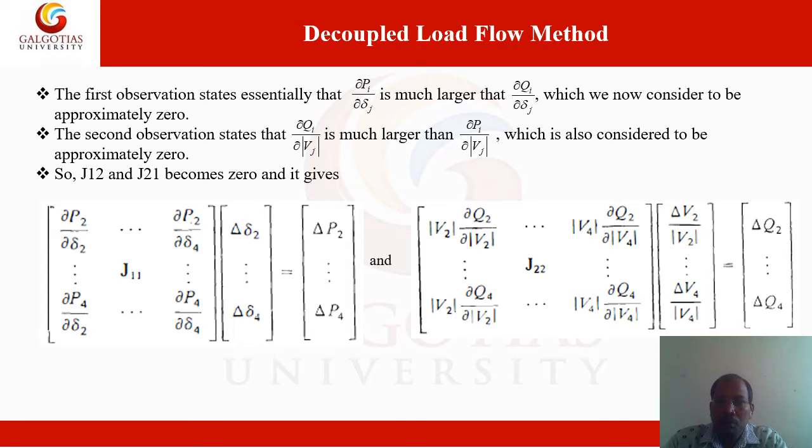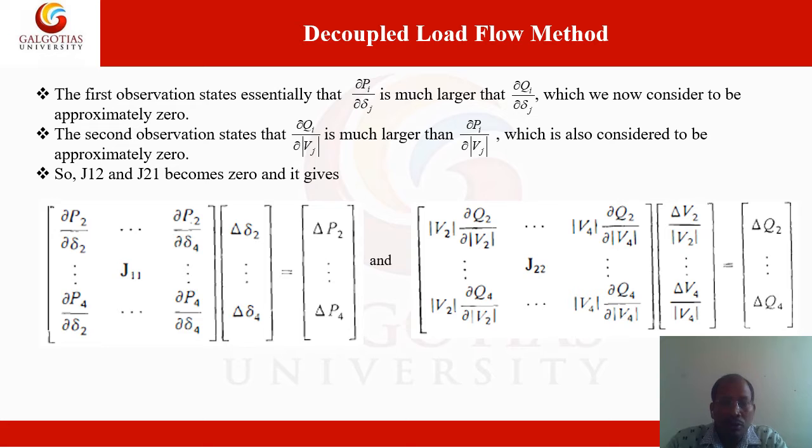So here we apply these two assumptions to the Newton-Raphson method. The first assumption is that the partial derivative of the active power with respect to angle at a particular bus is much larger than the partial derivative of the reactive power with respect to angle, so we consider the latter approximately 0.